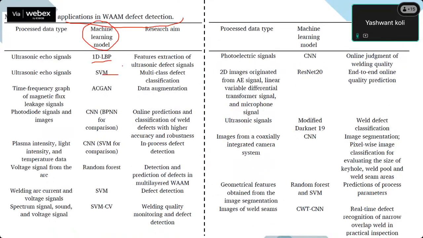Yeah, RF means random forest. That is the traditional machine learning approaches, SVM and RF, that detect defects. It gives the defect classification and recognition.